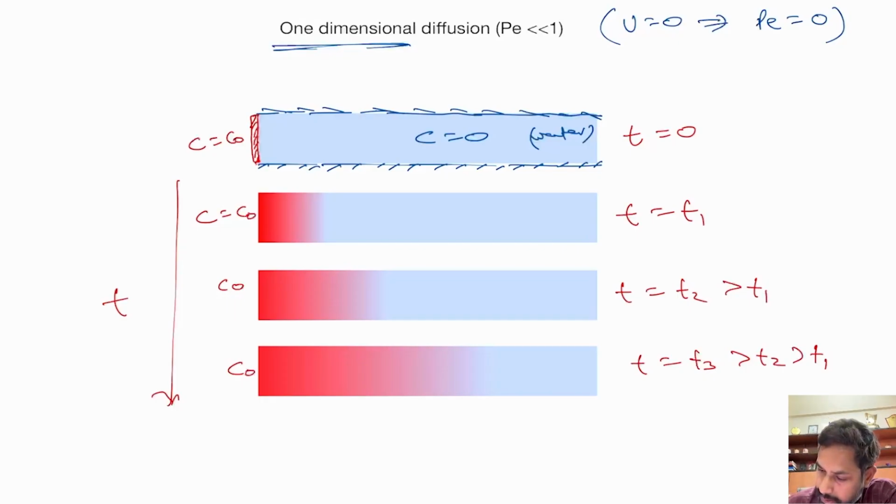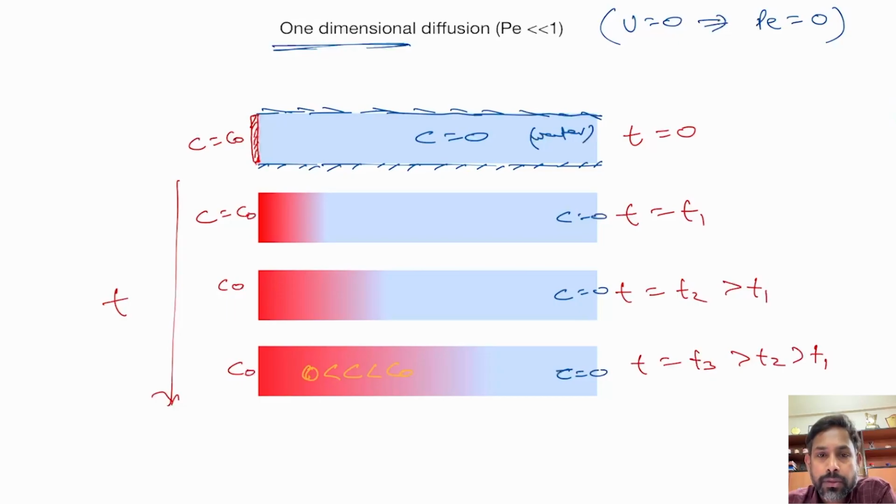Okay, whereas at the right boundary here, C is still equal to 0. But anywhere in between, you can say that C here is smaller than C naught but greater than 0, right? So that is the mixed concentration, which has a value between 0 and C naught.